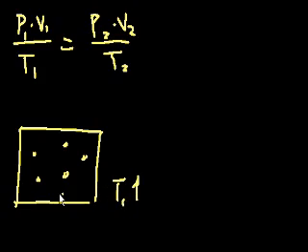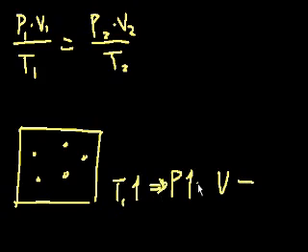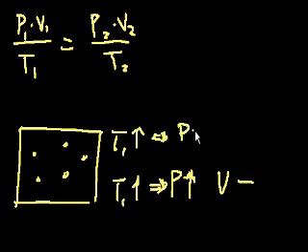Well, I'm saying that the average kinetic energy per molecule is essentially going to go up. So they're going to bounce against the walls more. If they bounce against the walls more, the pressure is going to go up, right? Assuming volume stays flat. Another way you could think about it, let's say the temperature goes up, and let's say the pressure stays flat.